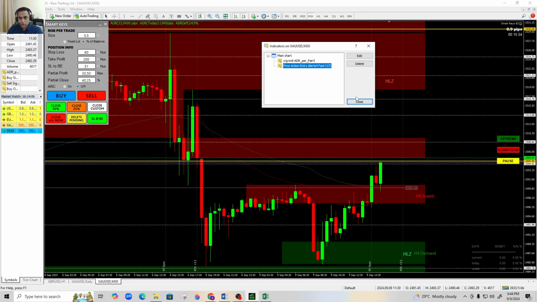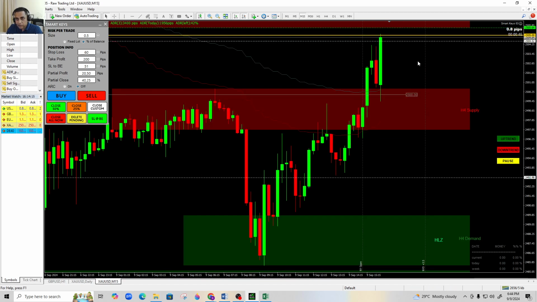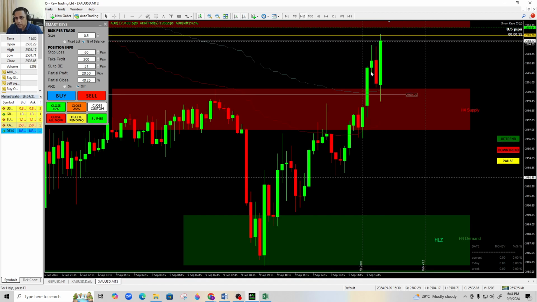Okay, let's get back to our chart. Price is approaching our area of interest. Once this 15-minute candle closes, which is just about to close in 15-20 seconds, I'm going to delete this.